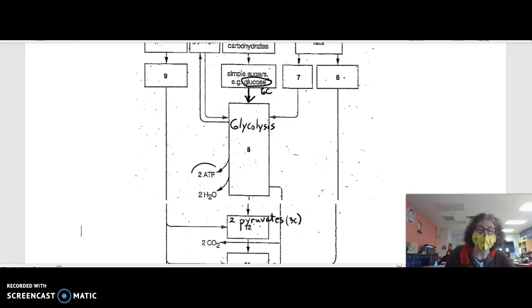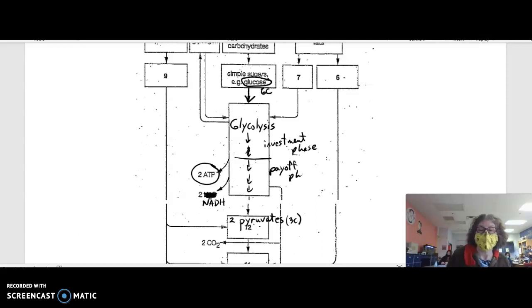And you can get 2 ATP out of this process. I don't know what that is really doing there. I would really rather put NADH in there because I think it's more useful. Okay. And you know that this is a multi-step process which has an investment phase and a payoff phase, which gives you a net of 2 ATP.